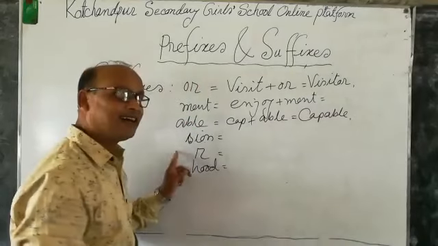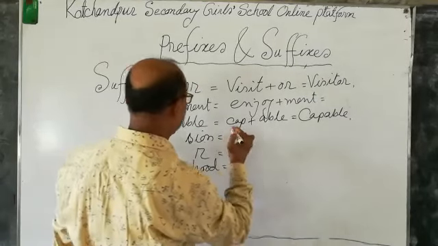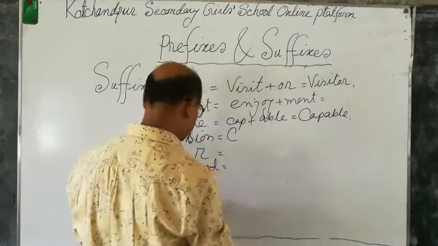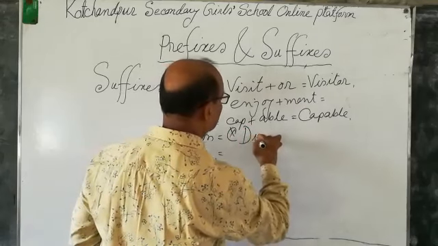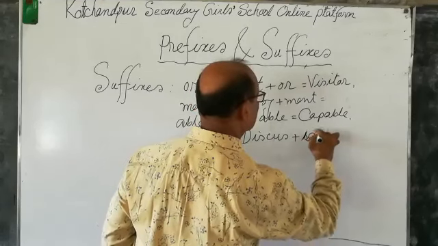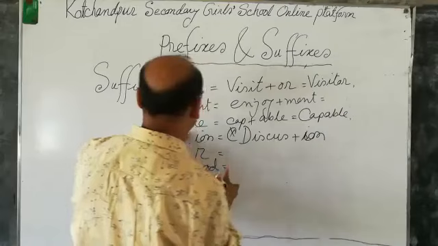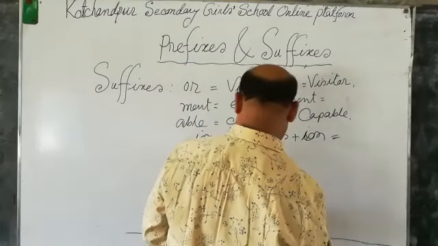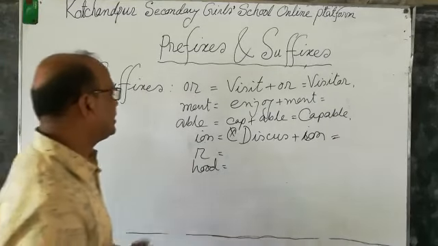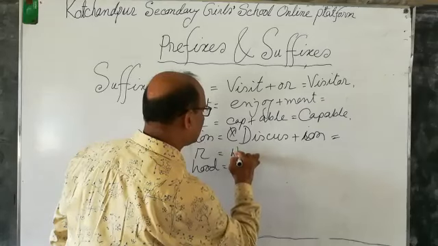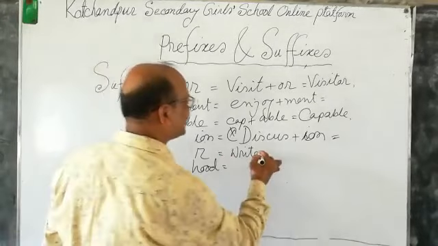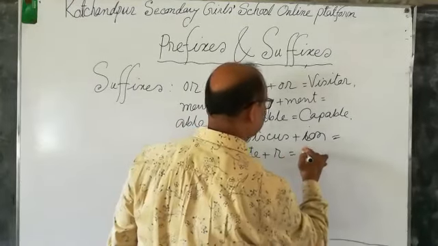And now, sion. Discuss plus ion, discussion. Here, sorry, ion. Discussion. Now, er. Write plus er, writer.